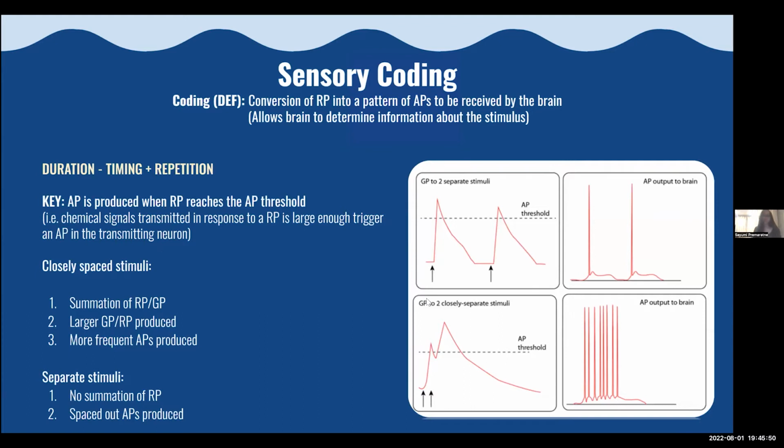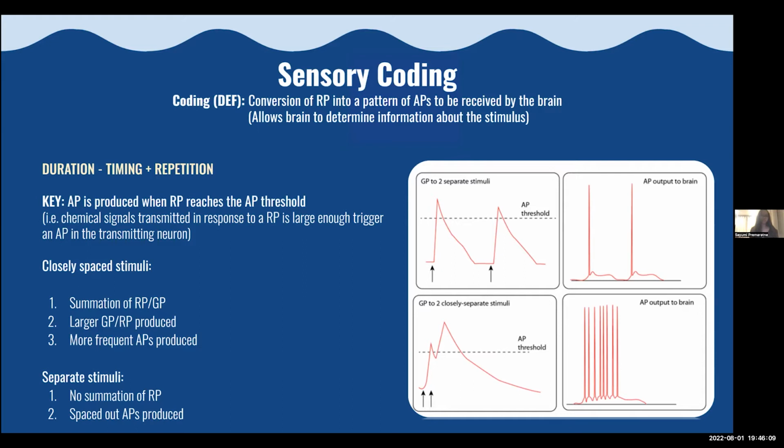Okay, and then we have the duration. So how to convey information about the timing of a stimulus. Again, like I mentioned in the last slide, an action potential will only be produced if the receptor potential reaches the threshold.